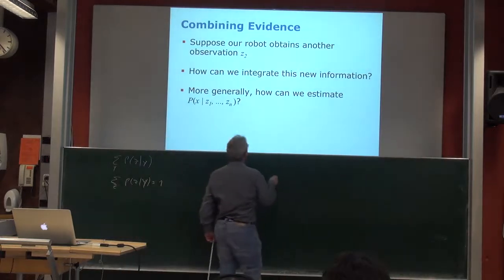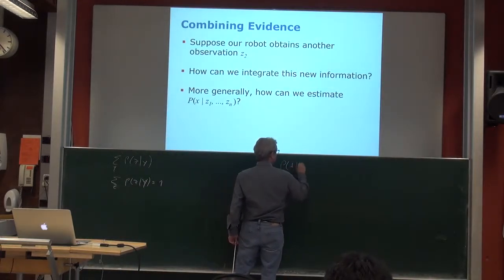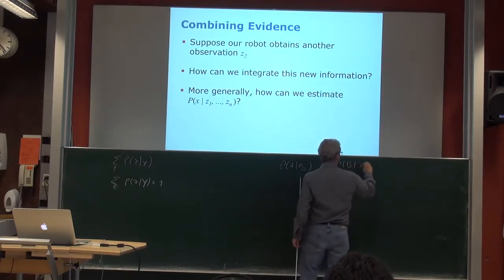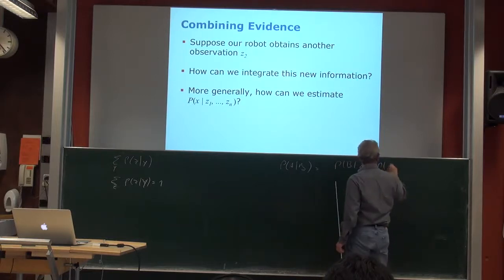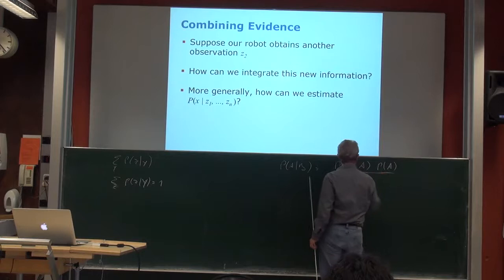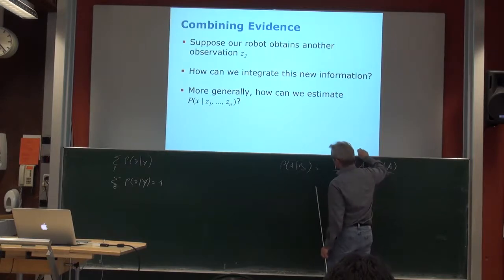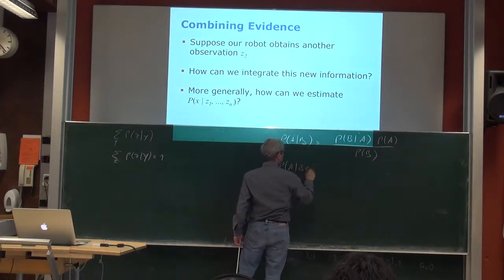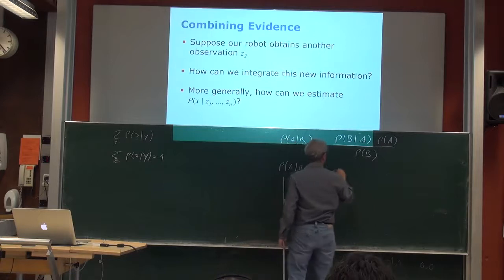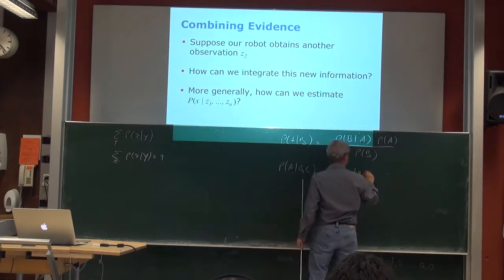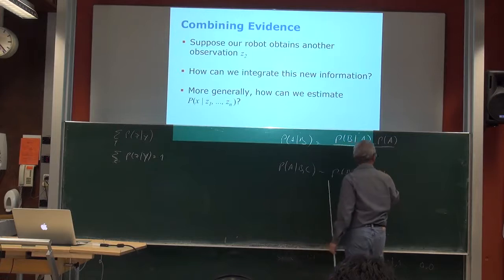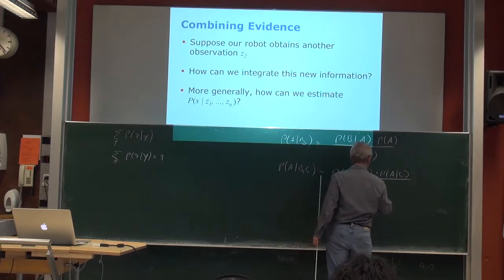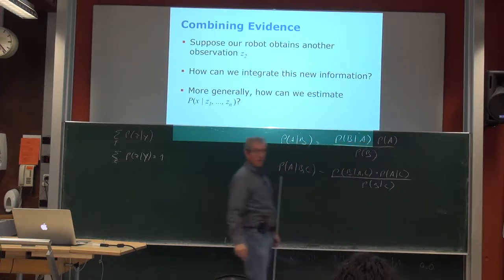For example, P of A given B equals P of B given A times P of A divided by P of B. Bayes' rule with background information is P of A given B and C equals P of B given A and C times P of A given C divided by P of B given C. Okay?